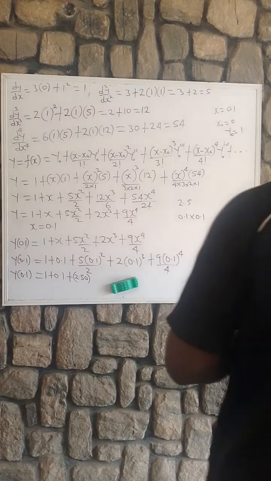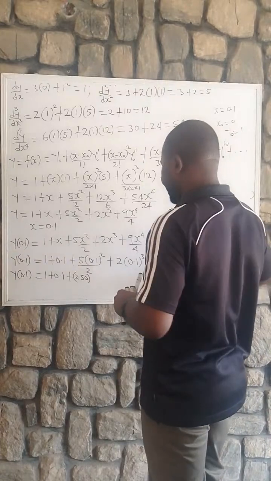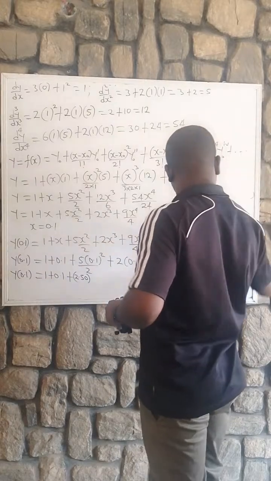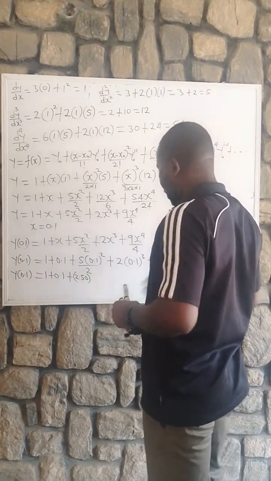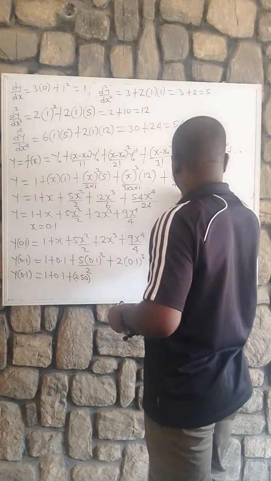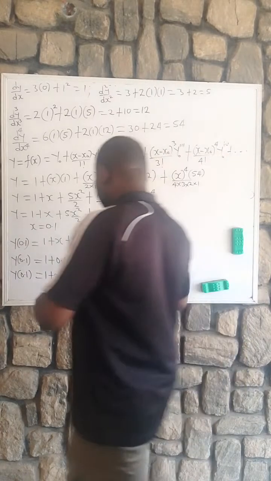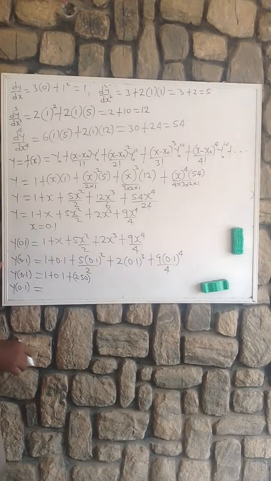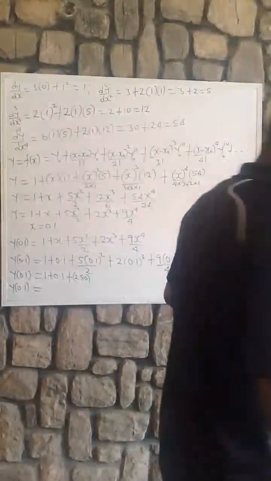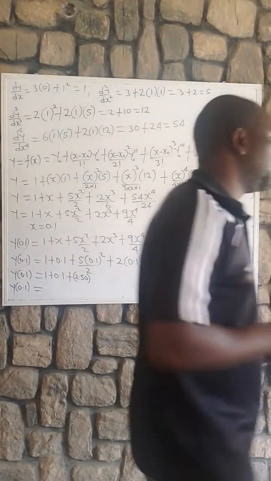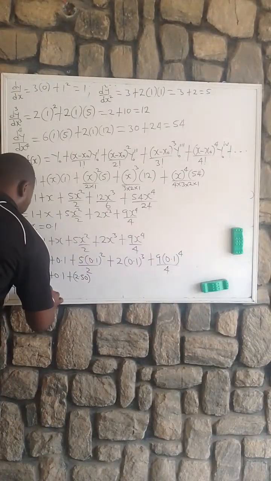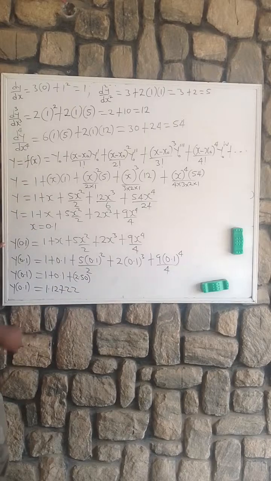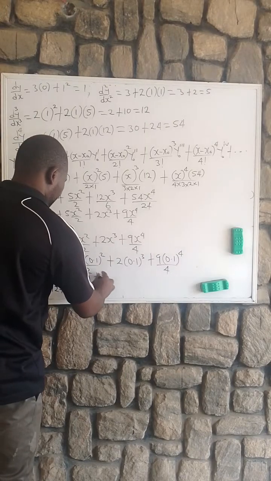So our y of 0.1 is equal to 1.12722. 1.12722.